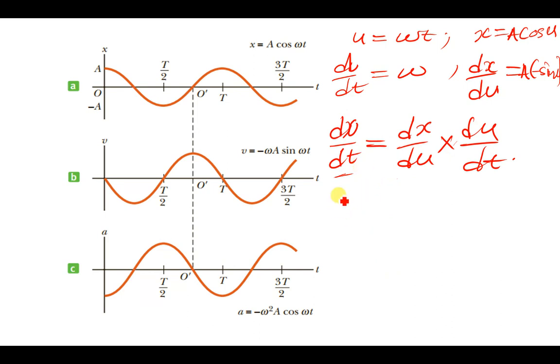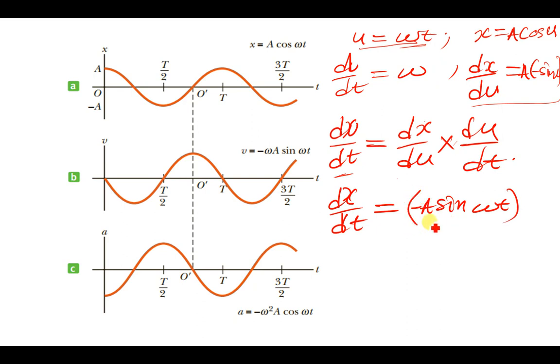So dx dt will therefore be equal to, while there's dx du, we put this expression, which is just negative a sine u. But u, we know that u is simply wt. This is u. Where did we write that? Oh, it's here.